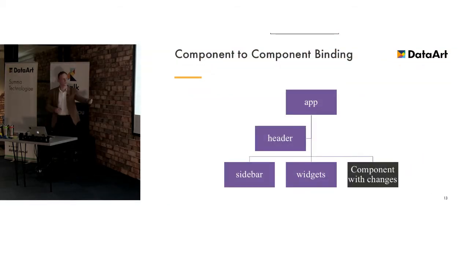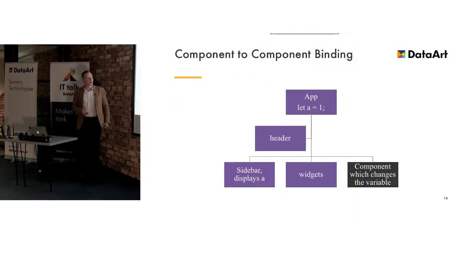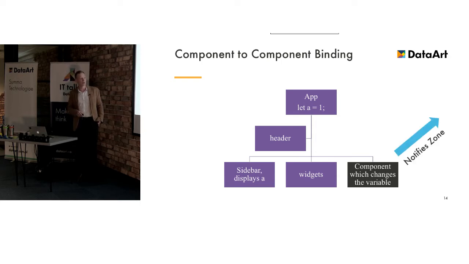So let's check it on a more practical example. For example, we have an application, it's a root node, we have some header, we have sidebar widgets, and we have a component with changes. And for example, one component changed a variable. So we have some special thing which is called zone. What happens inside the Angular core?